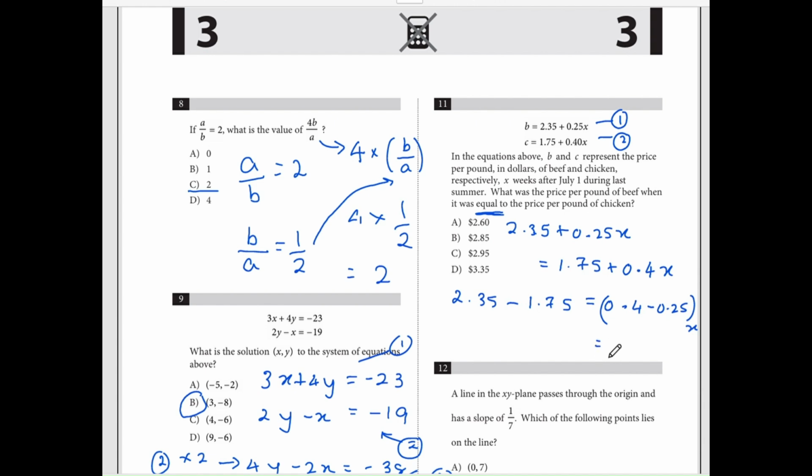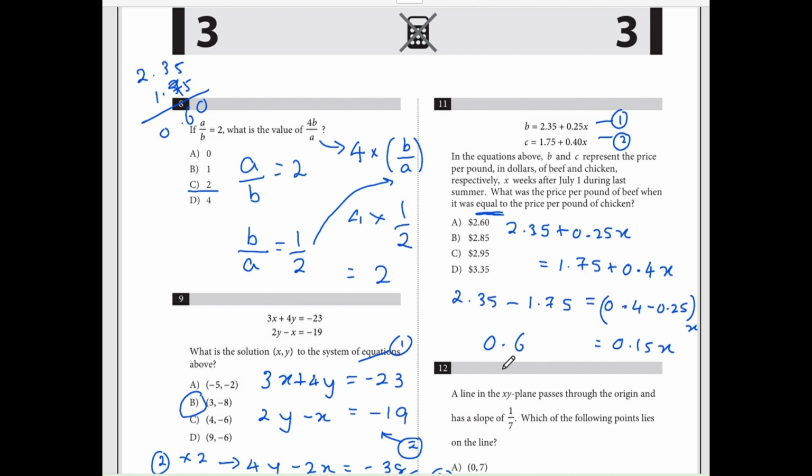Here it is 0.15x, and 2.35 minus 1.75 is 0.6.